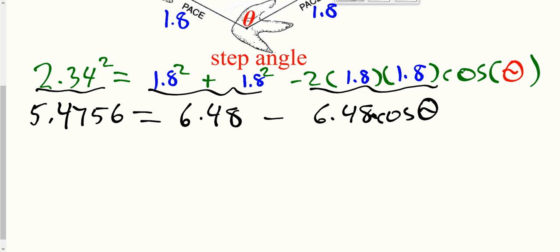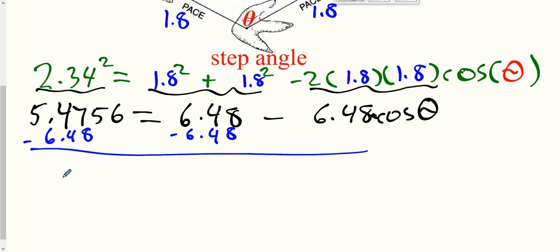So you got to get rid of this, so subtract this from both sides. And you get negative 1.0044 is equal to that negative 6.48 cosine of your angle.